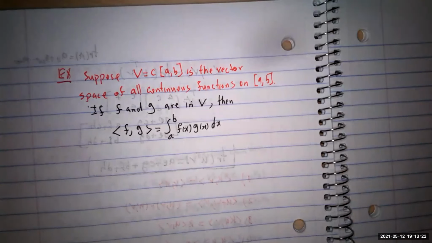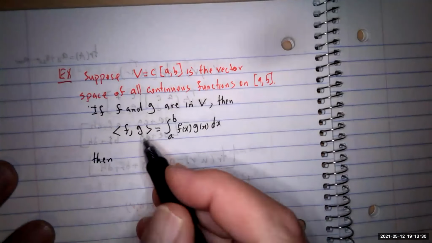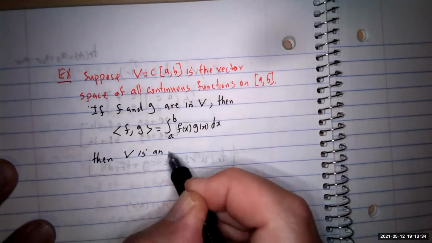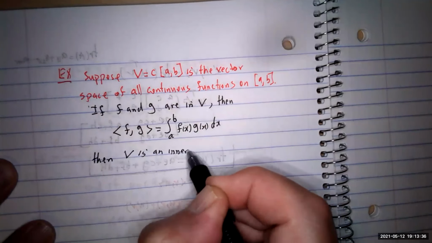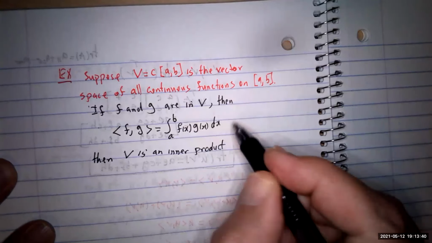Then we can easily show that this is an inner product, and V is going to be an inner product space.